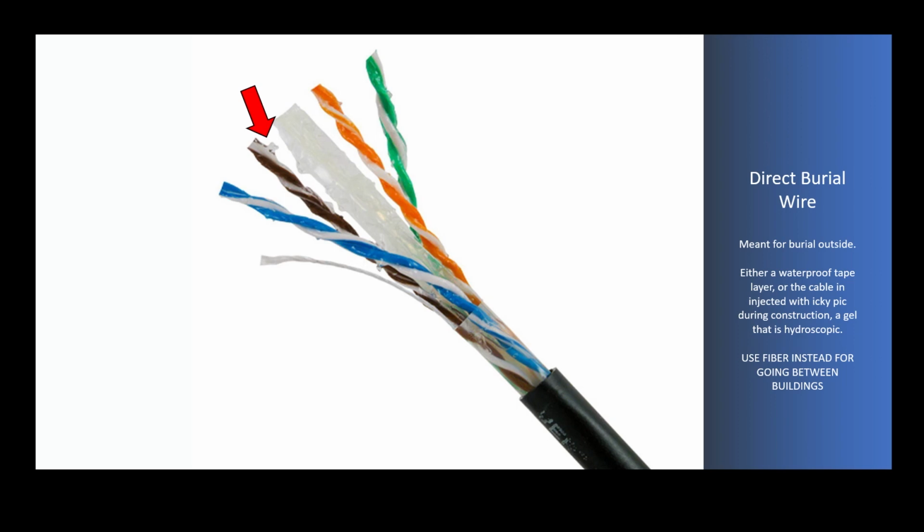It's basically a hygroscopic gel that repels water that may enter the cable at some point in there. And typically there's a little plastic wrap layer in there as well. And then the other option is a paper layer in there that repels water, and also when it gets wet, it kind of releases one of these hygroscopic compounds around where it gets wet.